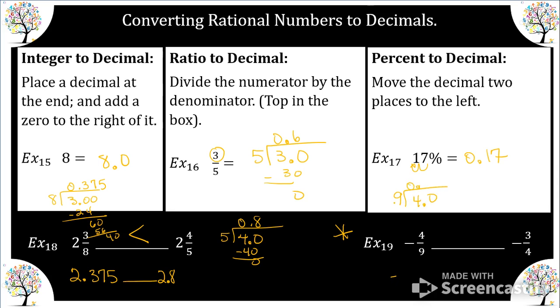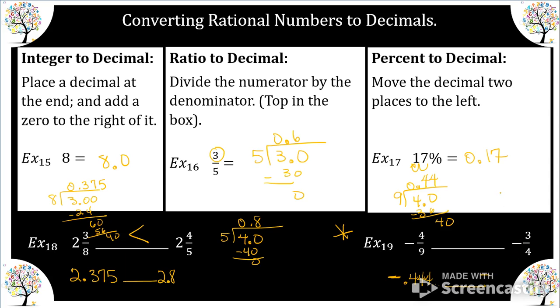So now I'll look at it as 9 into 40. 9 into 40 is going to keep repeating, so I have a negative 0.444 and on. And now we're going to have a negative 3/4.